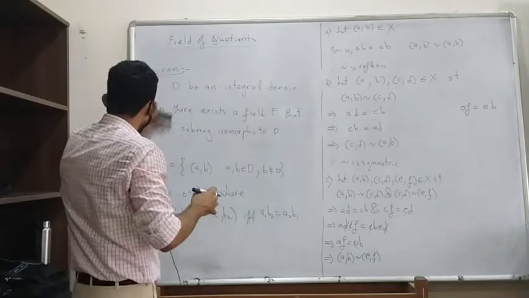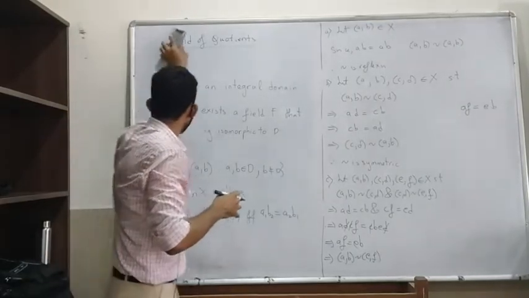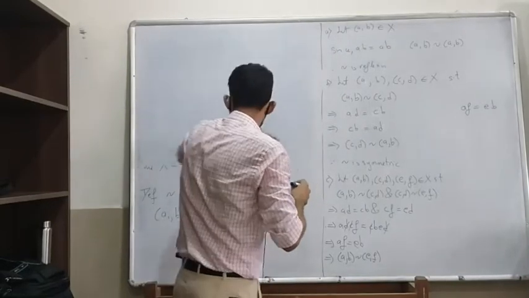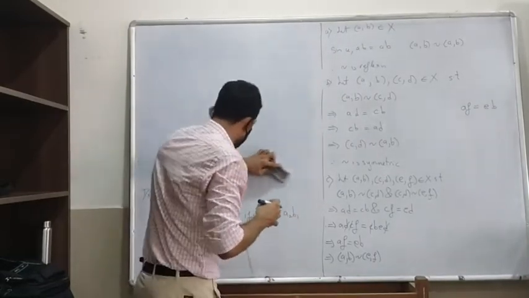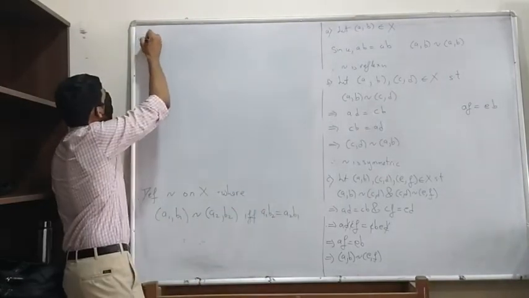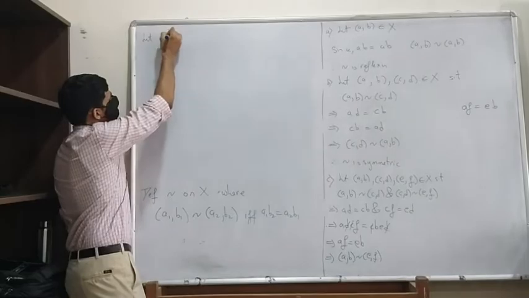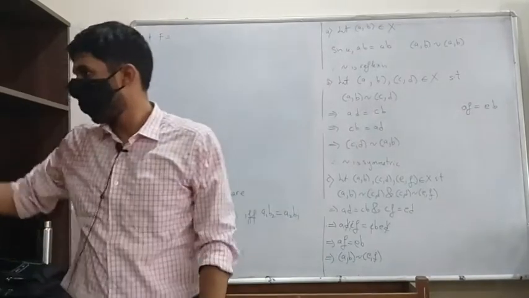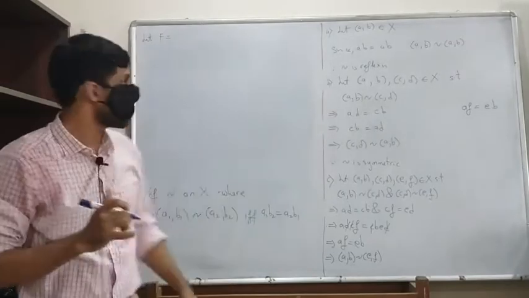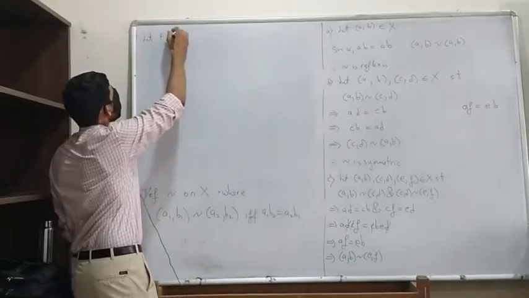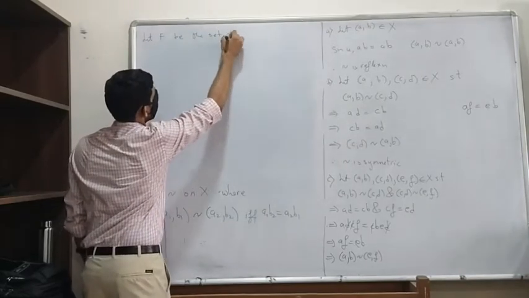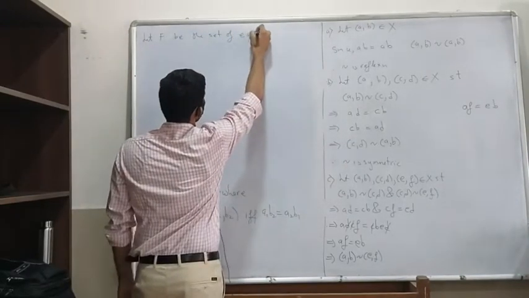So what is my field of quotients? What I expect my field of quotients to be is nothing but the equivalence classes. So we'll take F to be the equivalence classes of this relation. Let F be the set of equivalence classes of tilde.